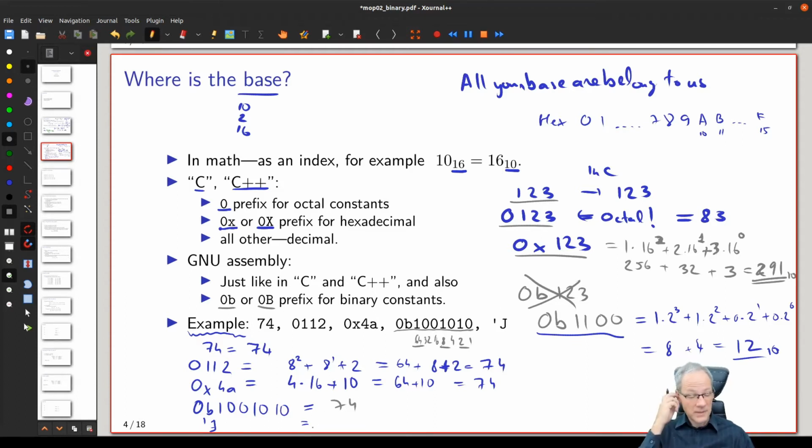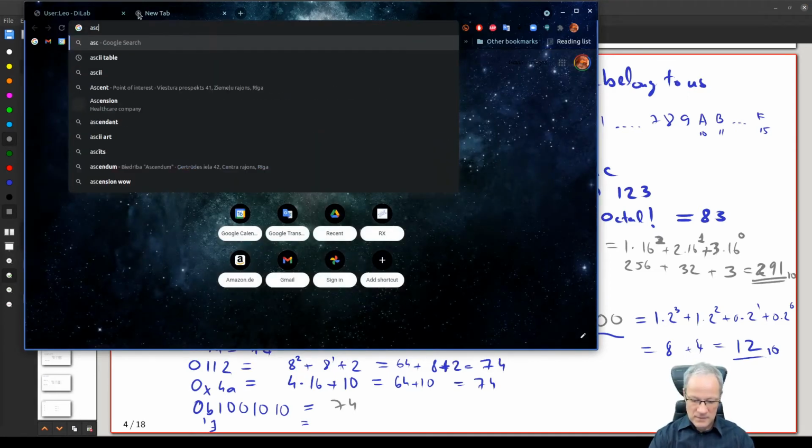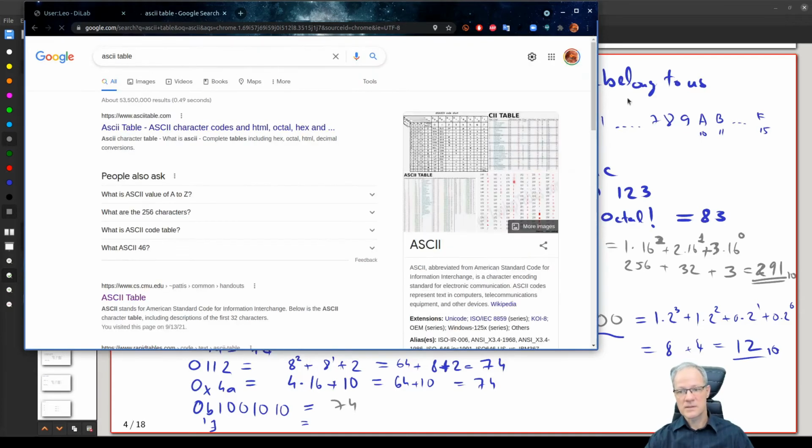And J, now J is actually a symbol, and as we're going to learn later in the class, every symbol has a code. There's a way to encode these symbols, and one way to encode the symbols is using the ASCII encoding table. This is one of the most popular, I guess, right?